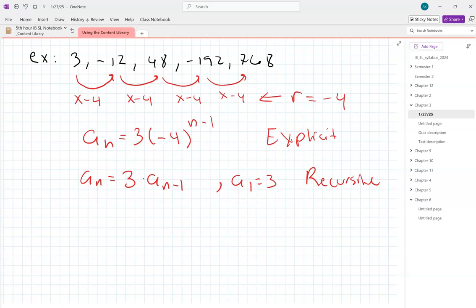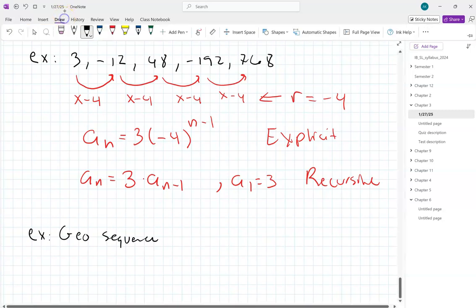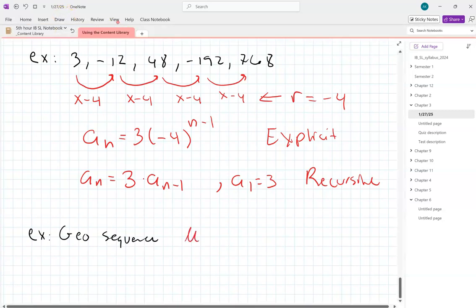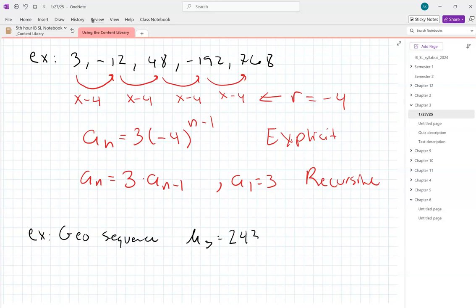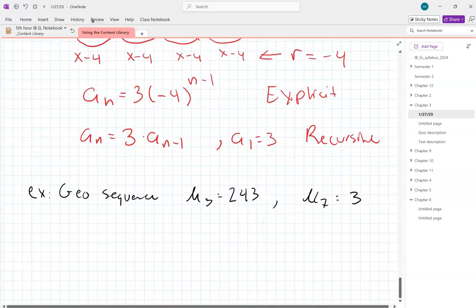The most difficult kind of problem here is if I give you a geometric sequence that contains, oops, I didn't mean to change that, the third term is something, and the seventh term is something.